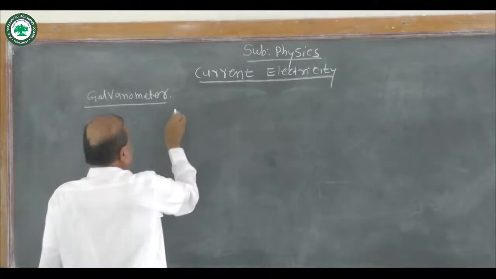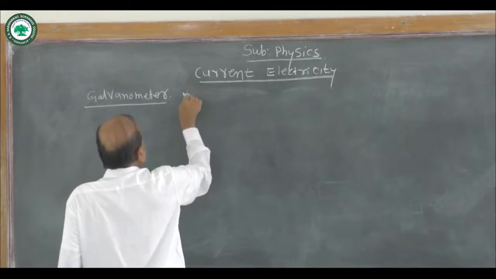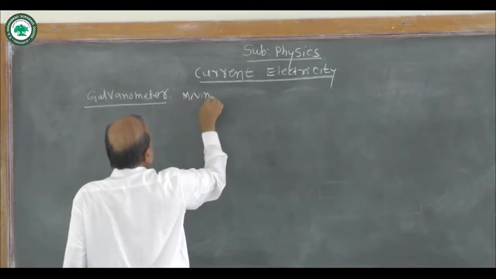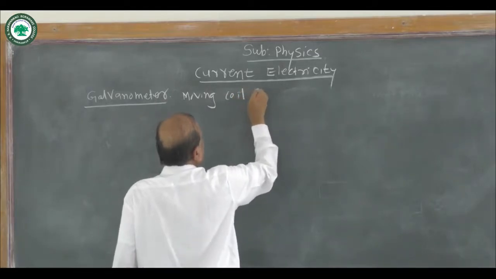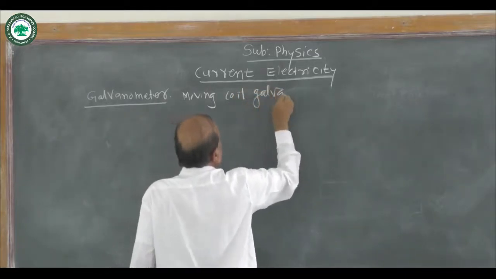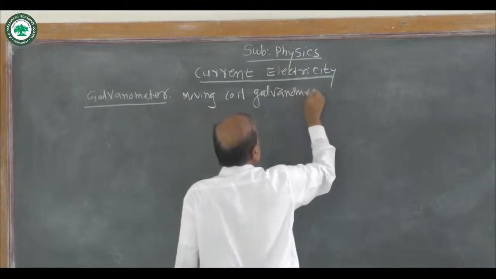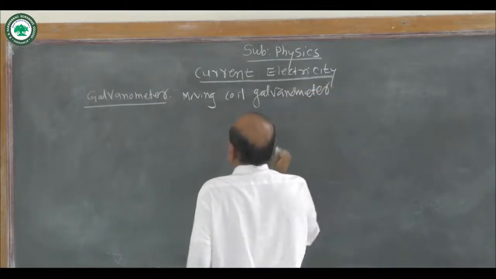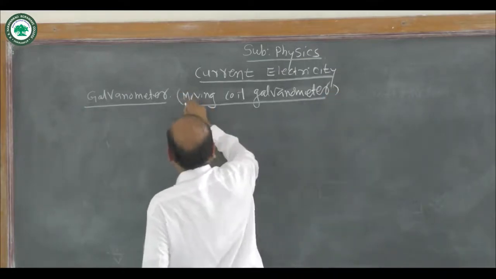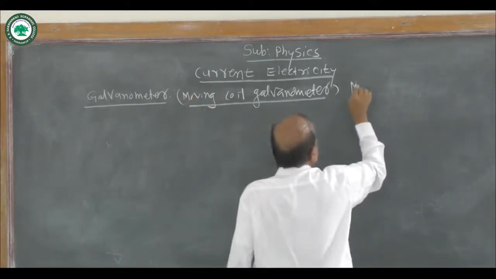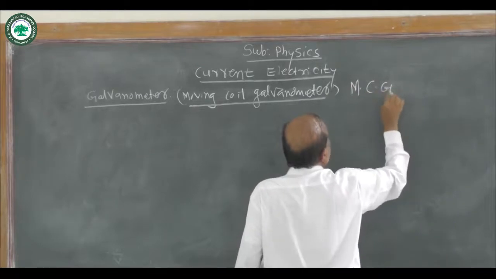We see here a particular case, that is a moving coil galvanometer, which is known as MCG.